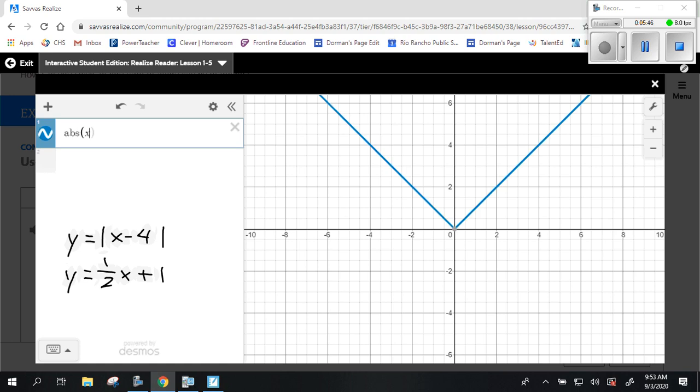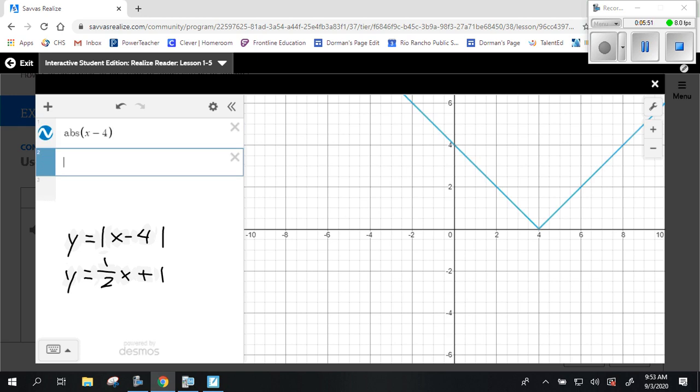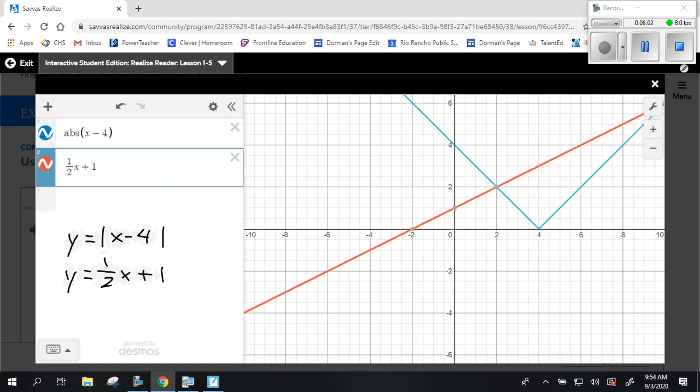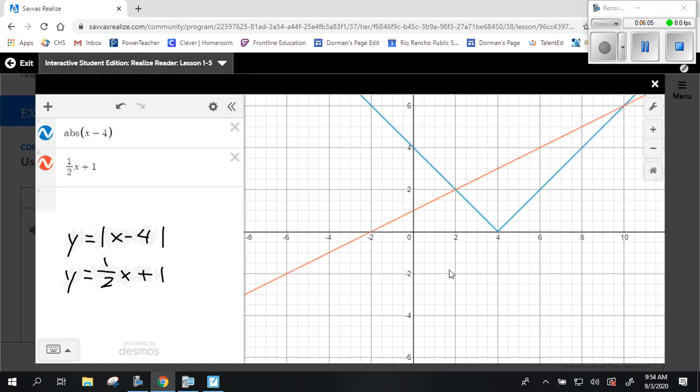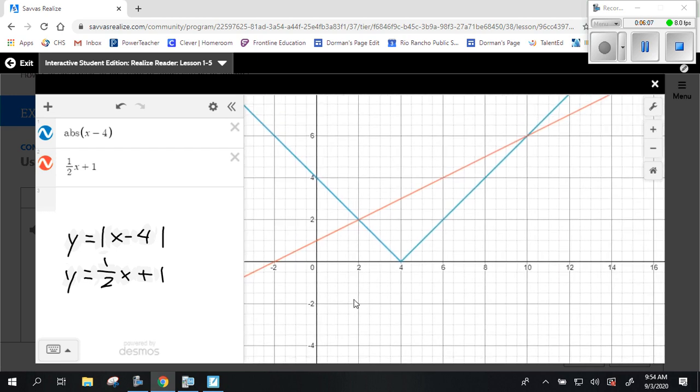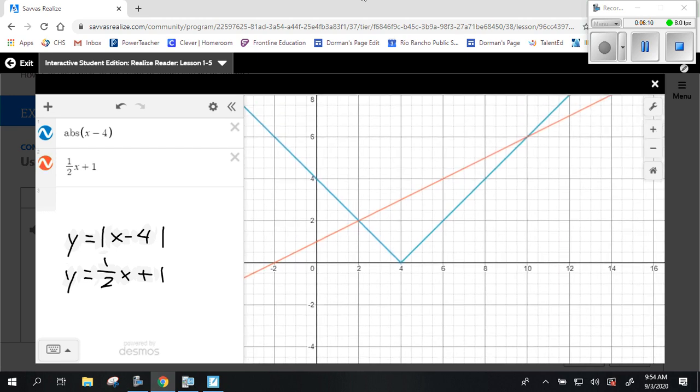Then I'll graph 1/2 by saying 1 divided by 2, x plus 1. Excellent, there we have a graph. We might want to drag this over. It looks like this has two solutions, because remember, the solution is where the two graphs intersect. So I have a solution at x equals 2, and I have a solution at x equals 10.